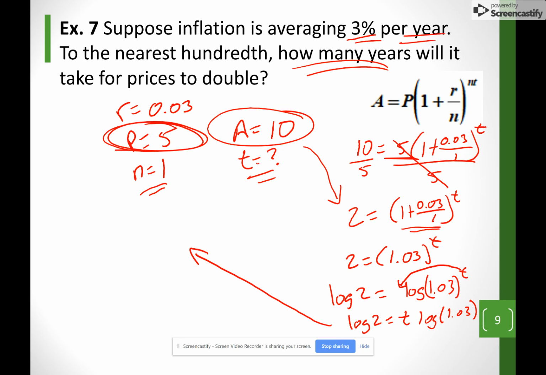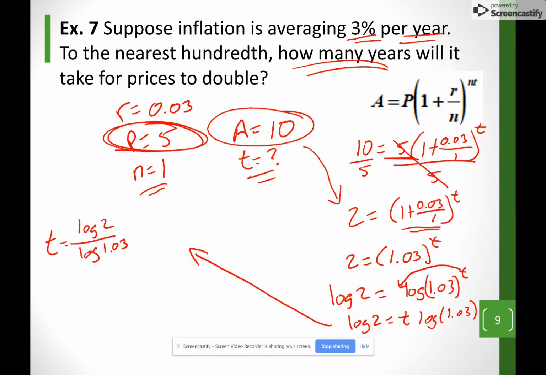For space, let me bring it up here. We're going to get that t is equal to log of 2 divided by log of 1.03. I type this in, log of 2, it gives me 0.301 divided by, I get that 1.03 log, it shows me 0.0128.